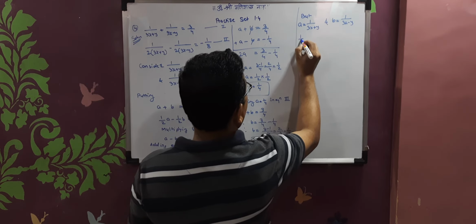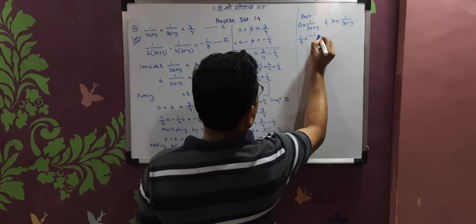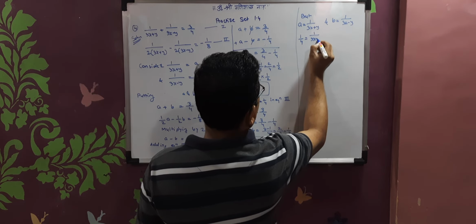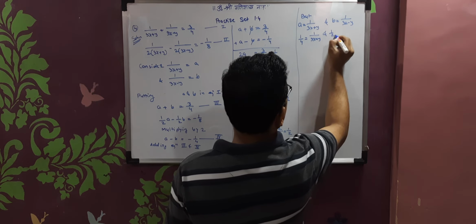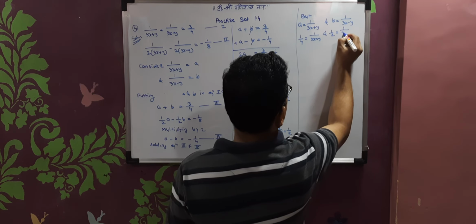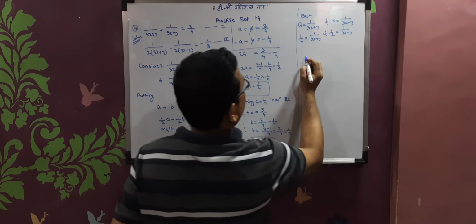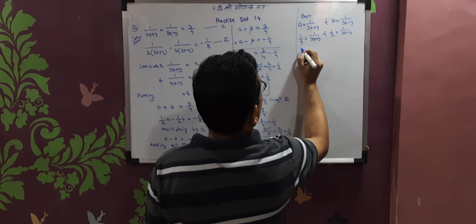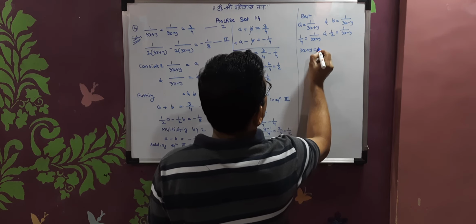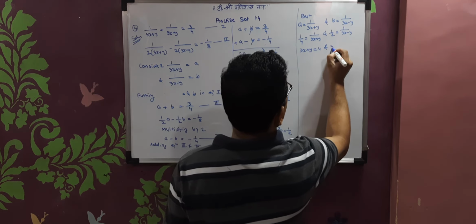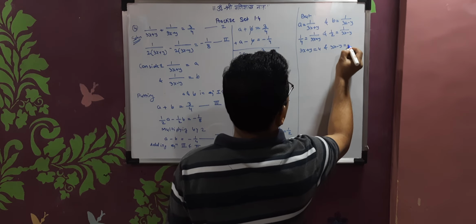This is 1 by 4 is equal to 1 upon 3x plus y and this is B is equal to 1 by 2 is equal to 1 upon 3x minus y. So we have to do the cross multiplication here. This 3x plus y is equal to 4 and this is 3x minus y is equal to 2.